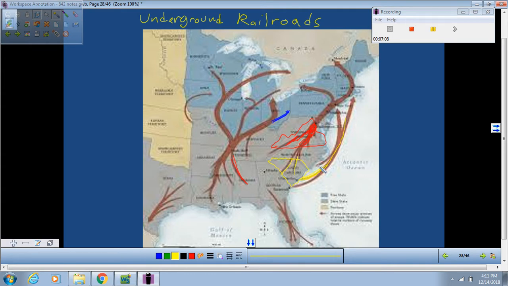Some were even by ocean, by boats from, it looks like, Charleston and Savannah here. But the main thing we learned is South Carolina was too far from the free state border to have the Underground Railroad be very effective at helping South Carolina slaves escape.